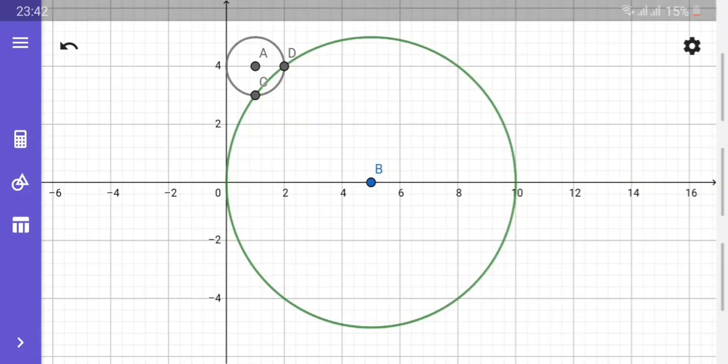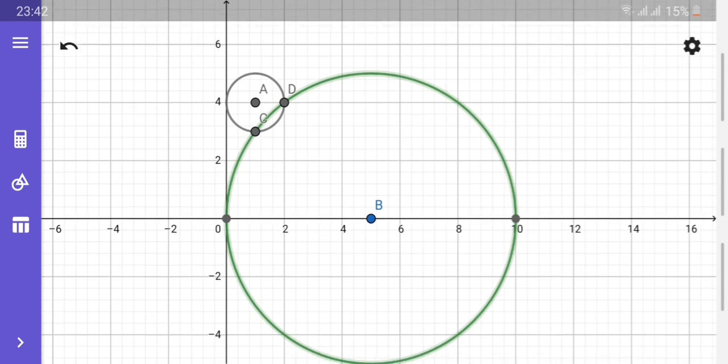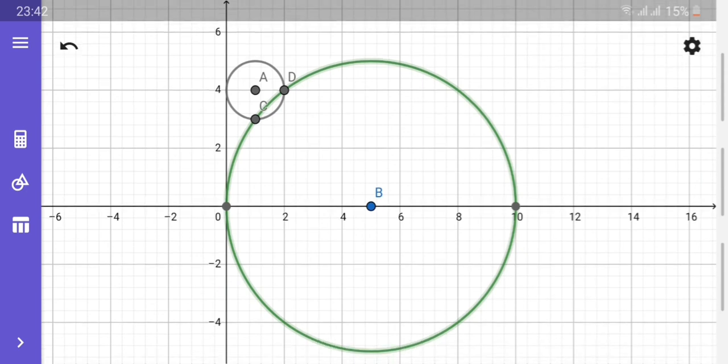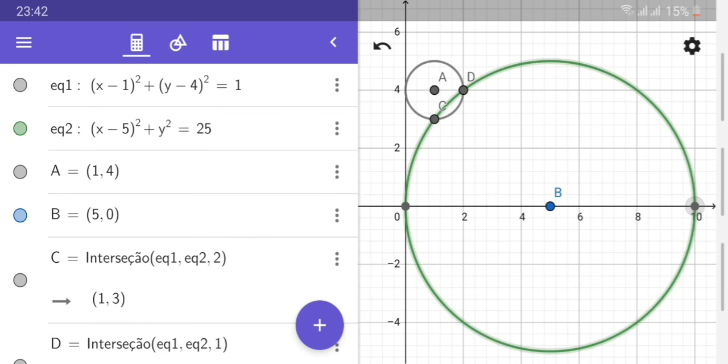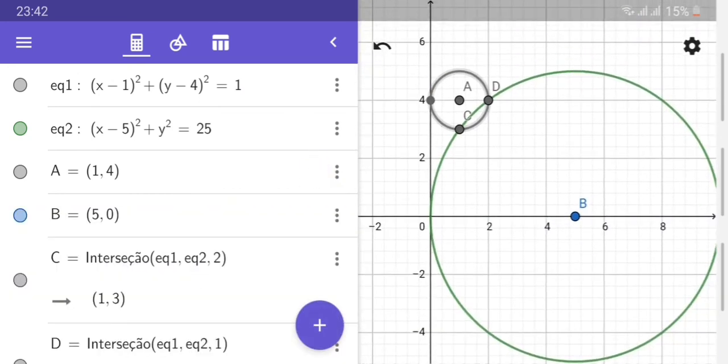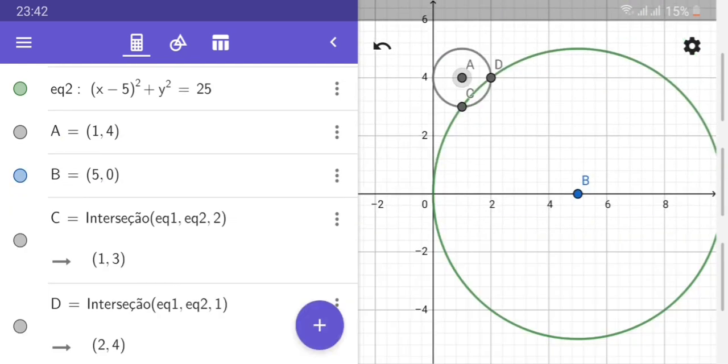So here we have the two circles that are tangent to this line. The first one, this one, and the green one. You can see that the green one has a diameter of 10, so the radius is 5. Here we have the equations of the first one. You can see that the center is over here, 1 and 4. Look, point A, 1 and 4.